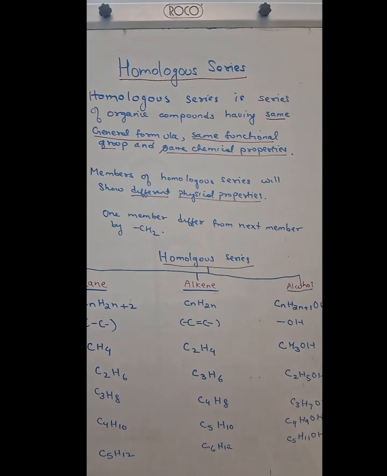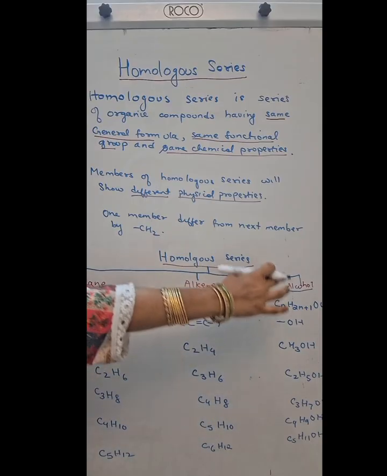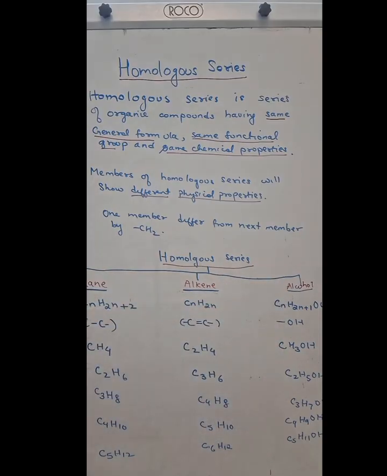Now why did I write this? Because I can make you understand. This is a series of organic compounds, and they have the same general formula and the same functional group. Now coming to the difference: homologous series show different physical properties.